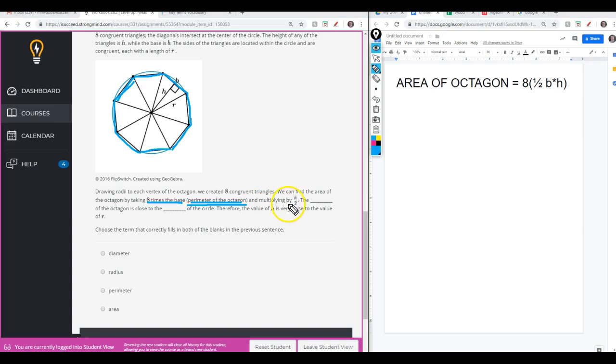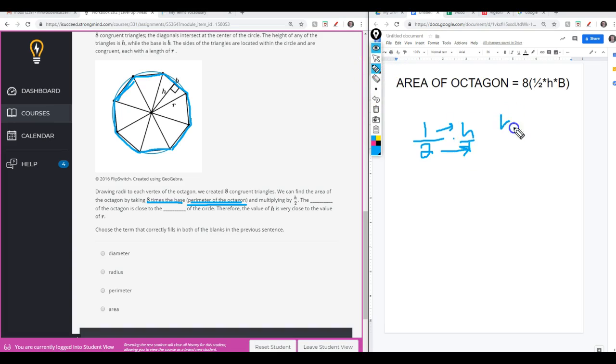And multiplying it by h divided by 2, they rearranged this formula, and they said, well, I could do 1/2 times h first, and then multiply it by b. Remember, you multiply across the top and across the bottom, and anything can be written as a fraction over 1.